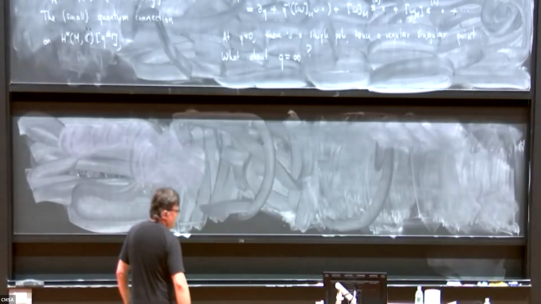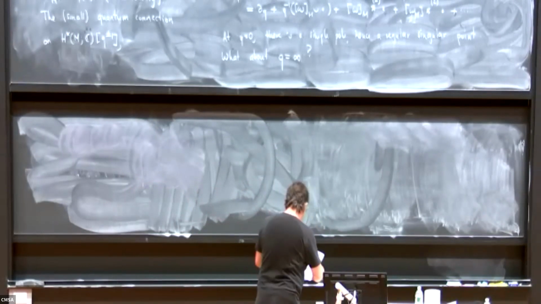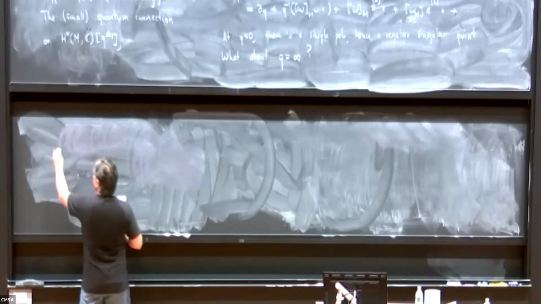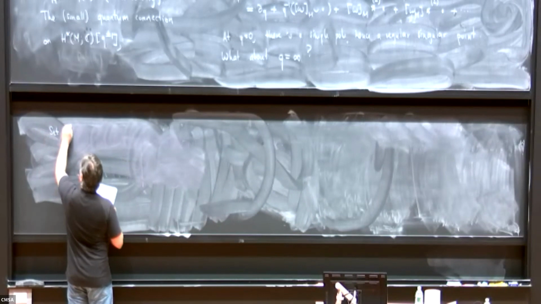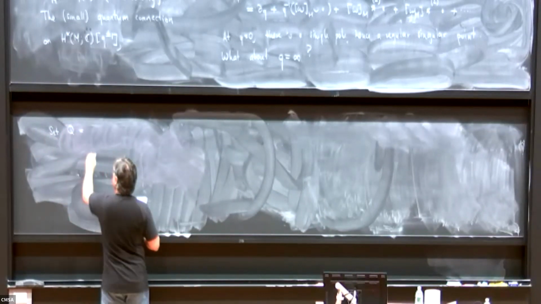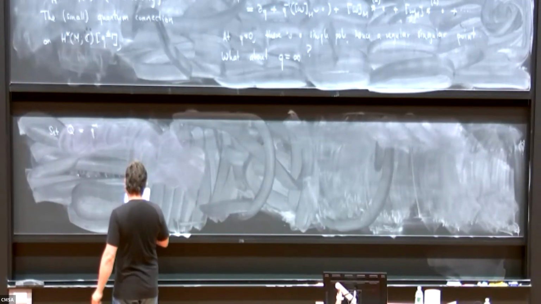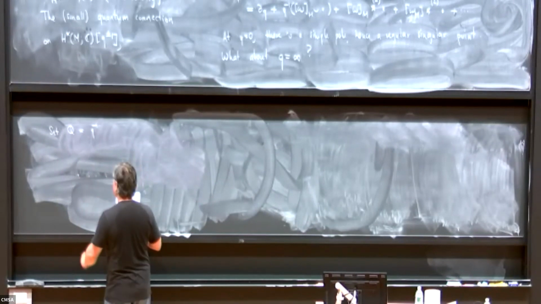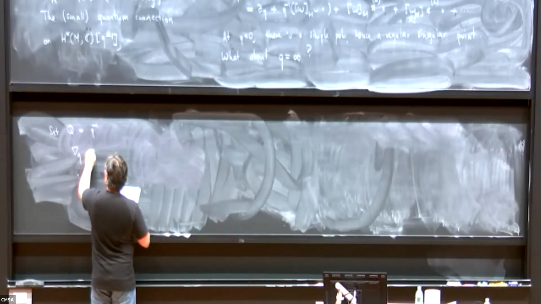Okay, so let me show you what the structure at q equals infinity looks like, in case you have not seen it before. If I change to another variable, then it will look like this.